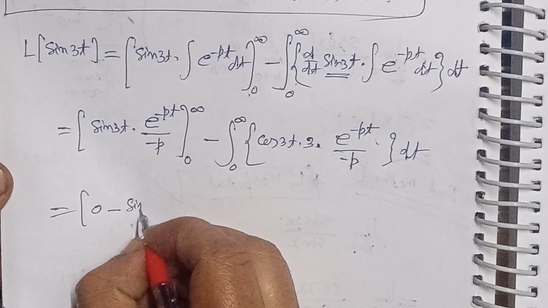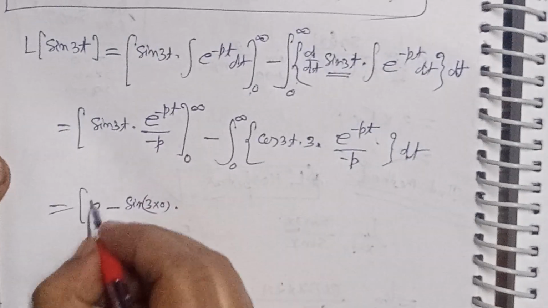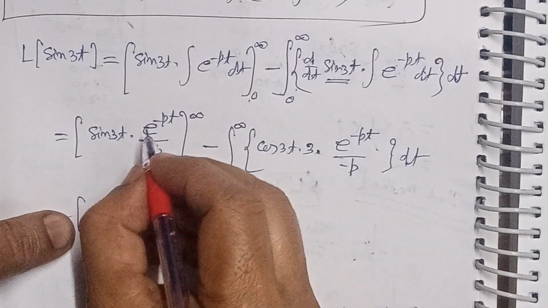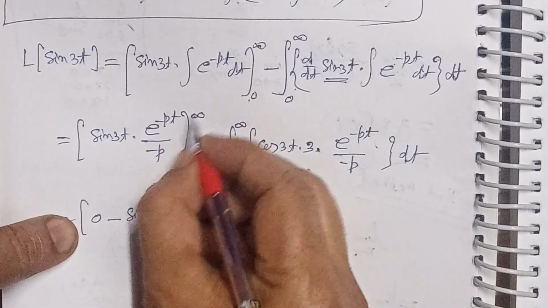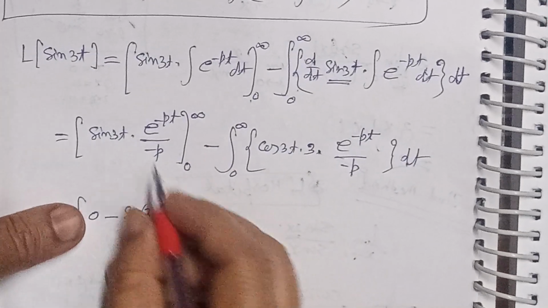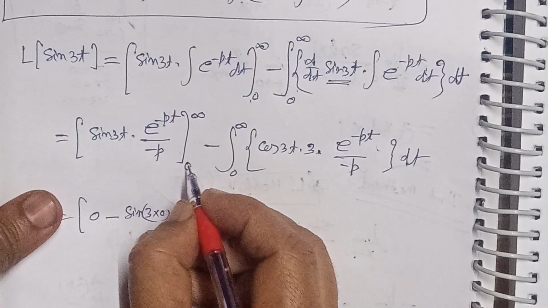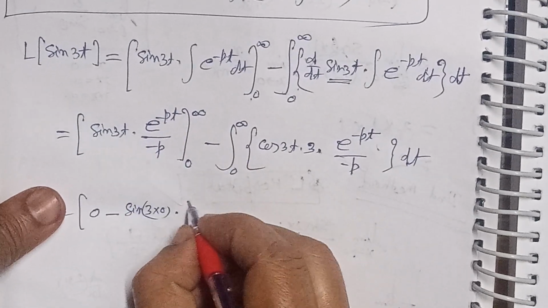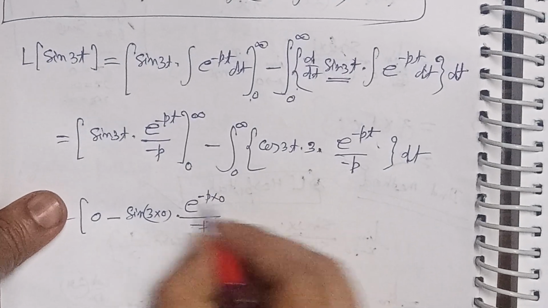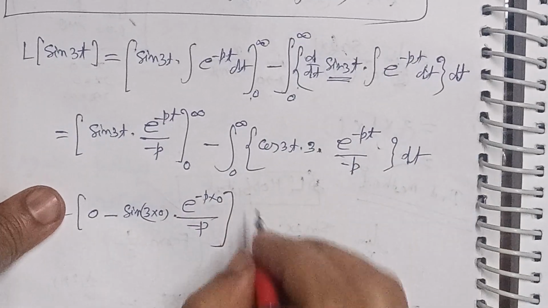So I show here by putting t, upper limit minus lower limit. The upper limit we get by putting the value of t as infinity, so I put the direct value here, but I show the lower limit by putting t equal to 0, e to the power minus p into 0 upon minus p. I give detail here for lower limit.